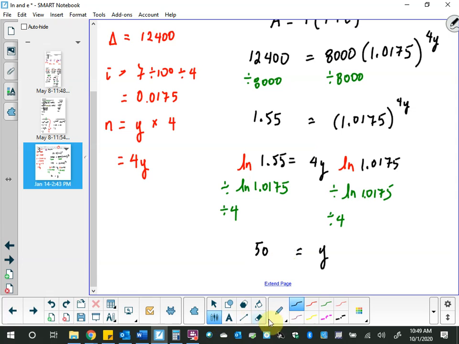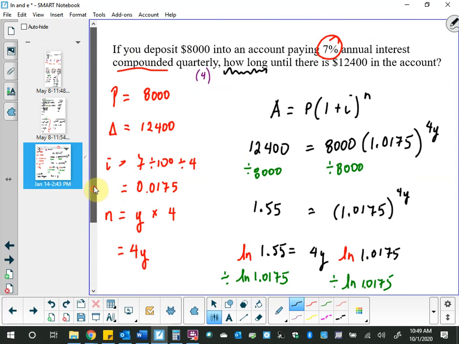Written completely wrong. And then a therefore statement. Therefore, it will take 51.0 years. So if I go back to the original question, if I deposit $8,000 into an account, I'm getting 7% annual interest and I'm compounded quarterly. I want to wait until I get $12,400 in there.